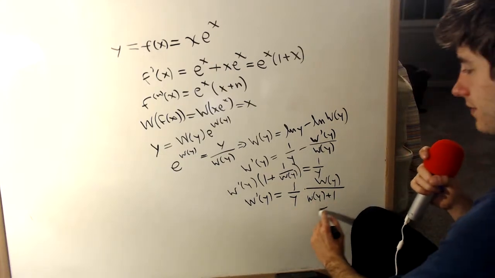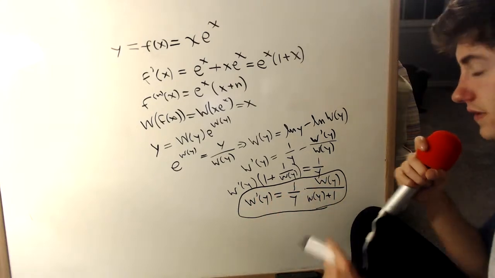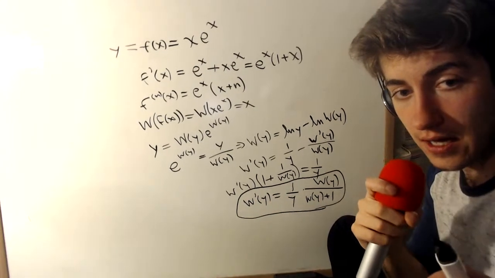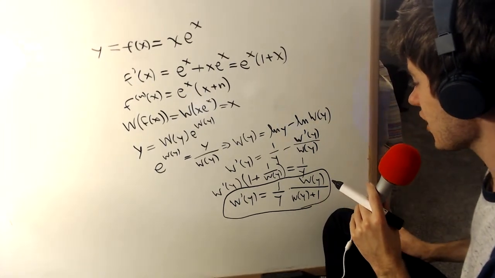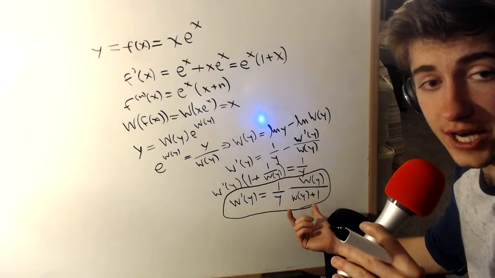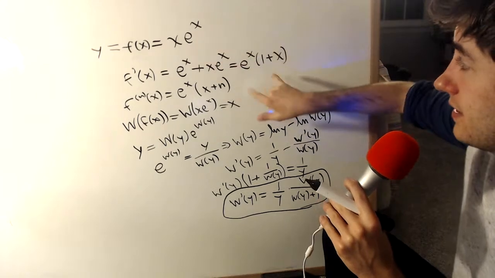And I think if you go onto Wikipedia and you look up the Lambert W function, that is the derivative that you will see. Lambert was a German mathematician in the 1700s. We can also figure this out by using the general derivative of an inverse function, because we know what the derivative of this function is. It's this right here.